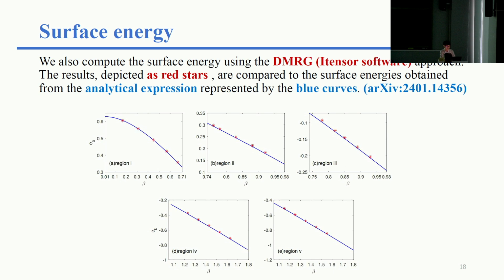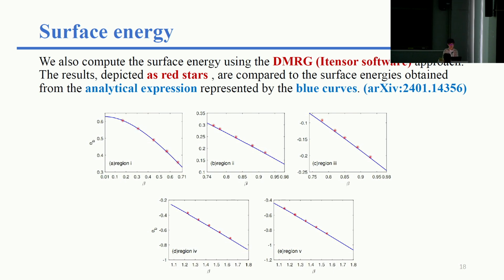We also compute the surface energy using the DMRG in the ITensor software. The results are depicted as the red stars. Red stars are the result of the DMRG. And the analytical expressions are represented by the blue curves.